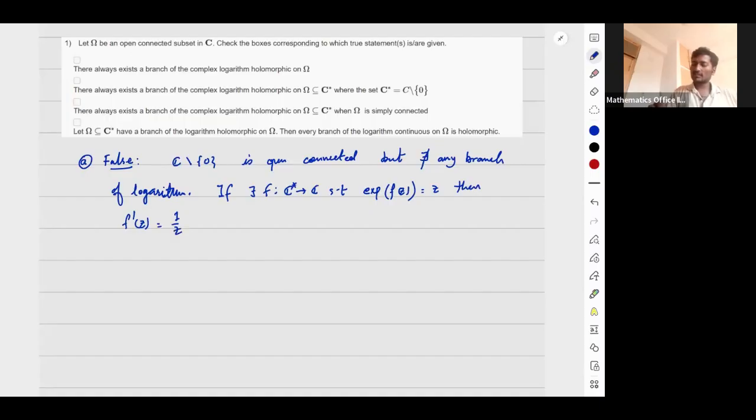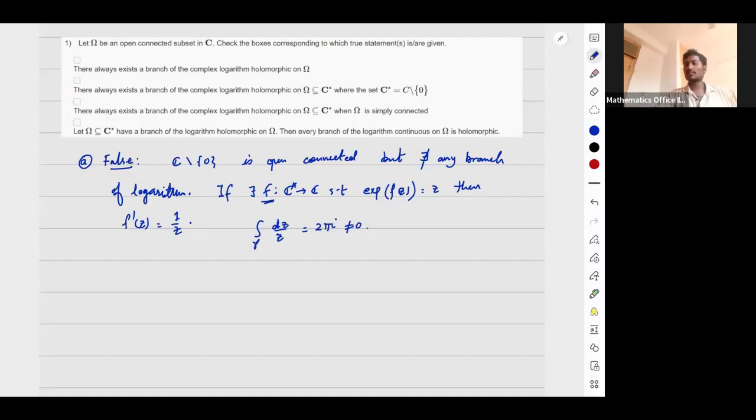So it has an antiderivative. 1 by z has an antiderivative which is given by f. Then what is the integral of 1 by z on the unit circle? It is 2 pi i, which is non-zero.